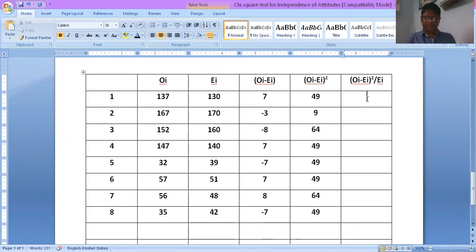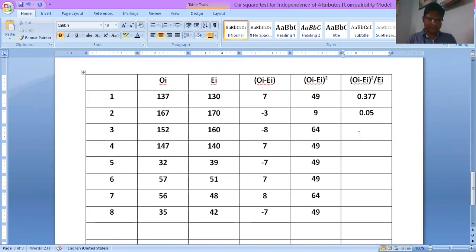Calculate the last column. 49 divided by 130. This is 0.377. Next, 9 divided by 170, that is 0.05.